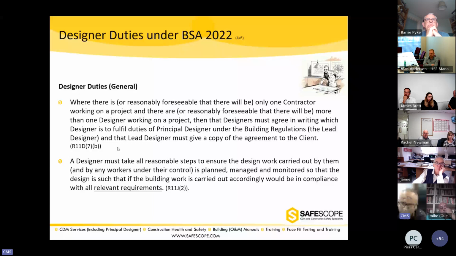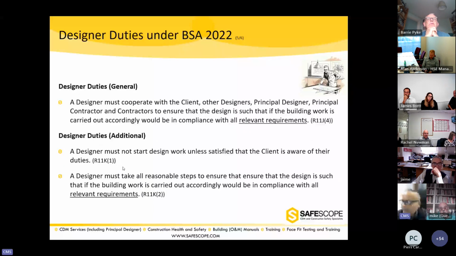The client has a requirement for planning, managing, and monitoring. The designers have requirement to have steps in place for planning, managing, and monitoring. Same applies to contractors as well. So everyone, all duty holders, client, principal designer, designers, principal contractor, and contractors all have duties to plan, manage, and monitor. A designer must cooperate with other people on the design, the top bullet point, which goes without saying.